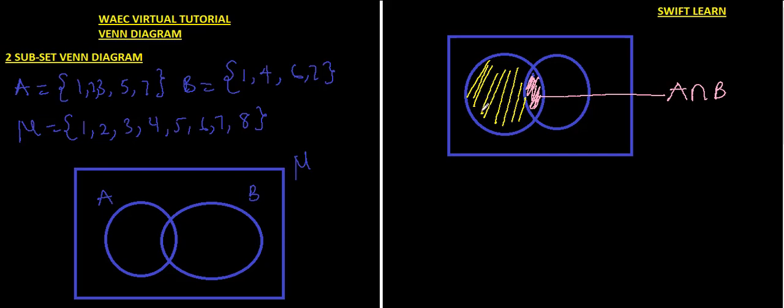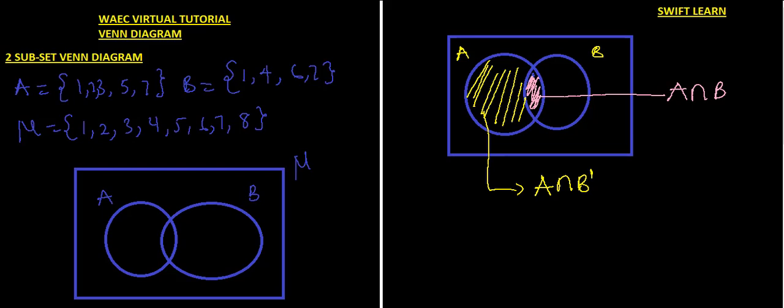This A, this B. This is A complement intersection of B. Sorry, that's a very big mistake. This is A intersection of B complement. Sorry, I'll come again. I'm really sorry about that.